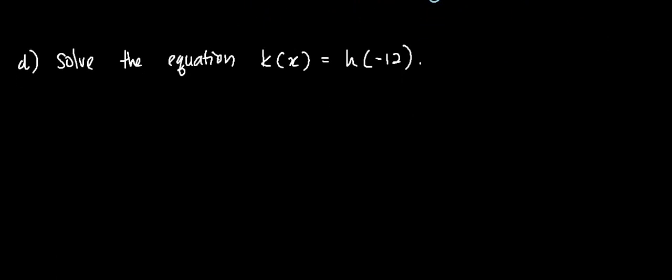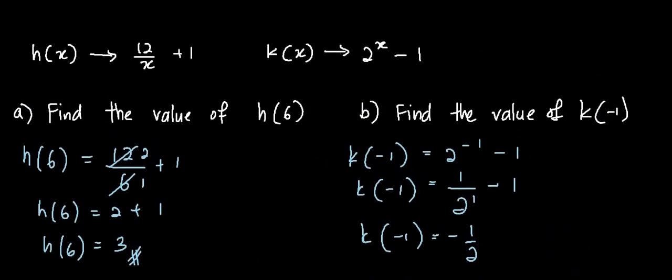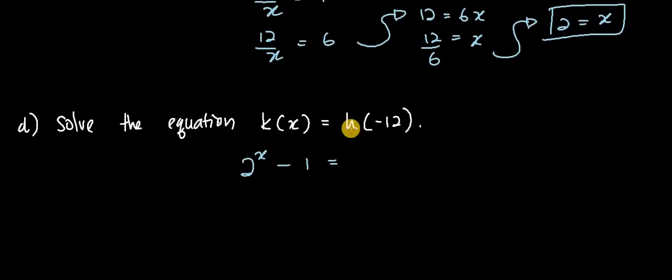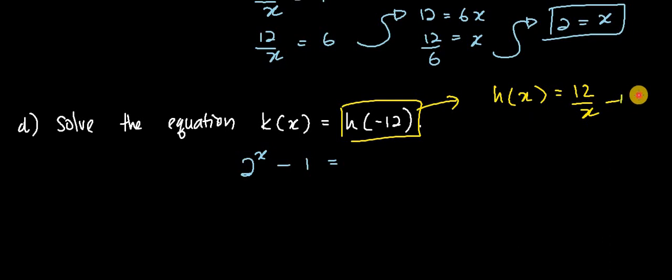Now for the D part, which is the last part, solve the equation k(x) equals h(12). Now k(x) is an equation, right? From what I know, the equation of k(x) was 2 to the power x minus 1 equals h(12). Now I don't know what h(12) is, but I know my equation of h(x) is 12 over x plus 1.